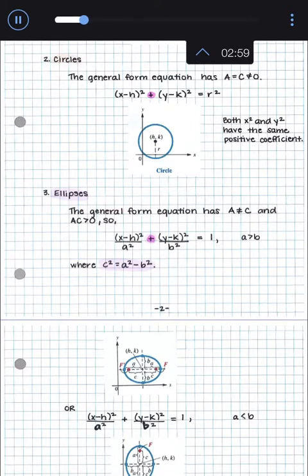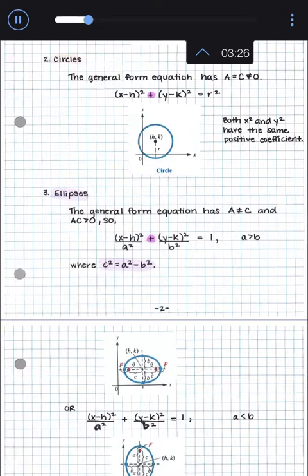Also, we know that if the radius is the same for both the x's and the y's, then it's a circle, because then you're going to go left and right the same amount that you would up and down.